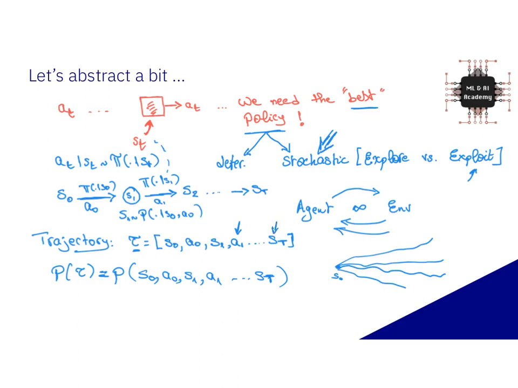ST is also coming from some density, right? Because ST is conditioned on ST minus 1 and AT minus 1. And we also will assume that S0 is just coming from some initial distribution.